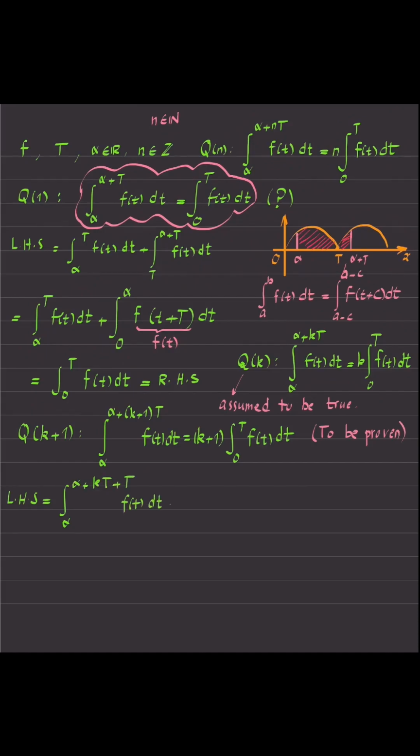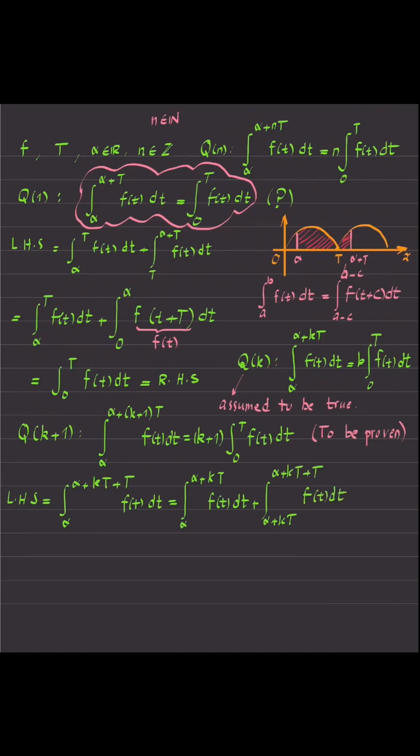I can break the integral into two integrals: the integral from alpha to alpha plus kT of f of t dt, plus the integral from alpha plus kT to alpha plus kT plus T of f of t dt.